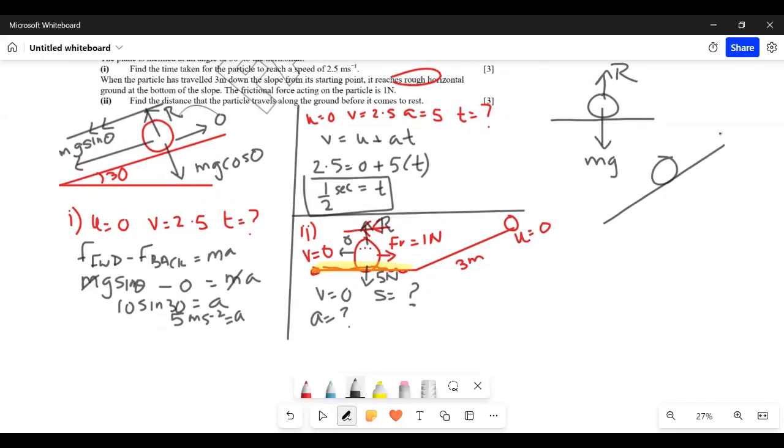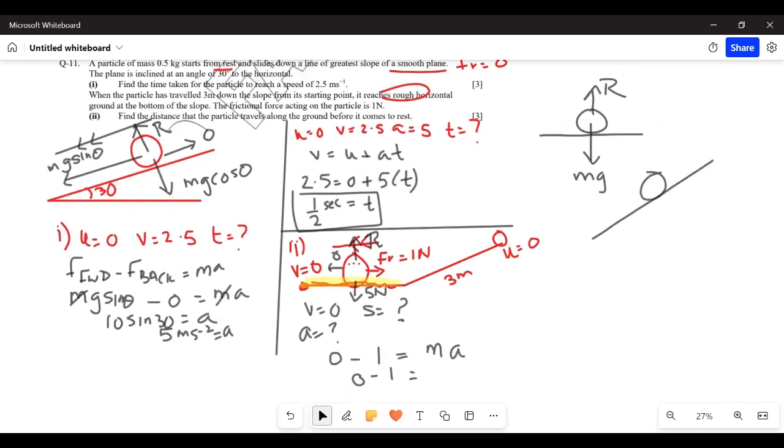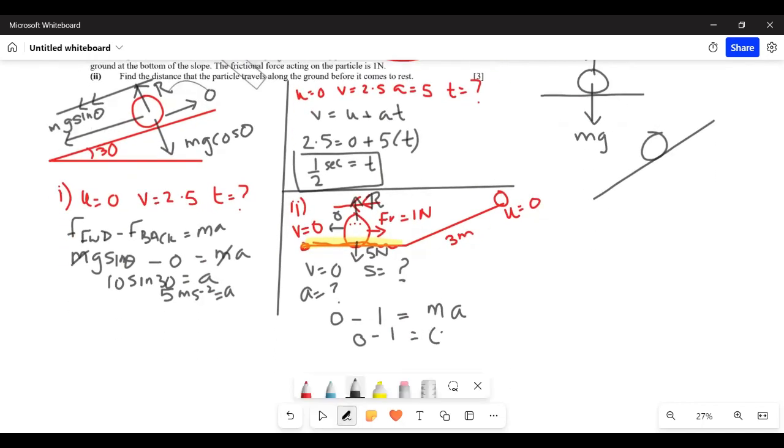So to find acceleration, it's going to be forward force, 0, minus backward force, 1, equals mass times acceleration. So 0 minus 1 equals, what was the mass? 0.5 times A. So A comes out to be minus 1 upon 0.5, which is minus 2 meters per second square.